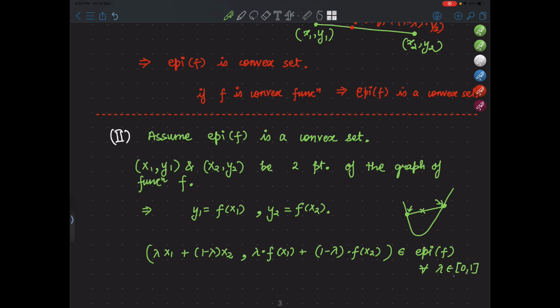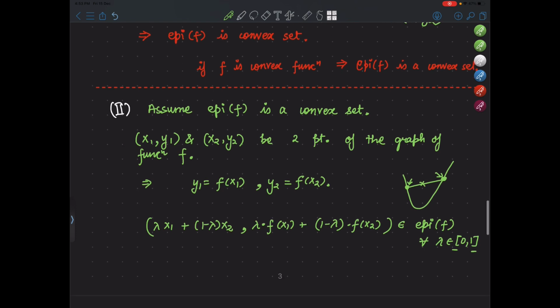Here it is a closed interval, because for lambda 0 and 1 the points become x1 and x2, and they are inside the epigraph.